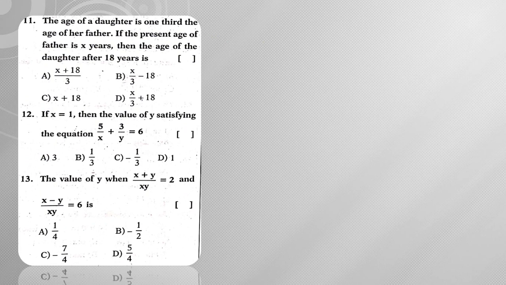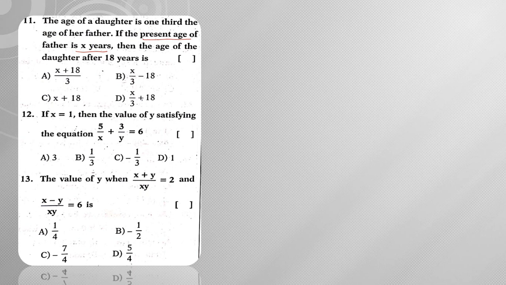Next, moving on to question number 11. This is a word problem. The age of a daughter is 1/3 of the age of her father. Whenever an age problem comes, we always need to talk about the present ages. Now he is saying that the present age of father is x years, then the age of daughter after 18 years is.